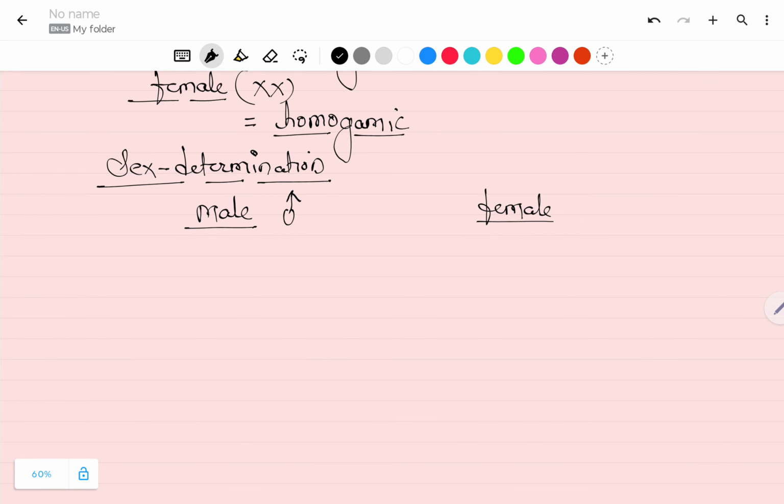This is the male symbol and this is the female symbol.